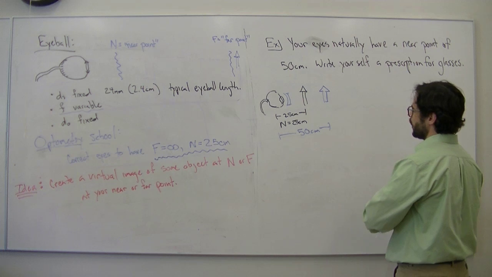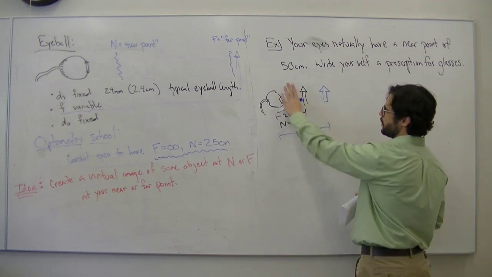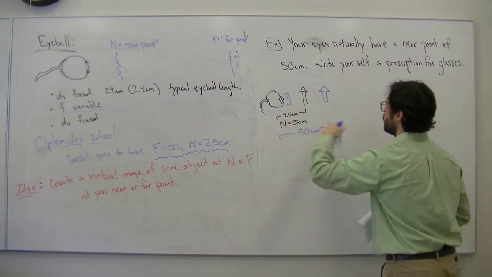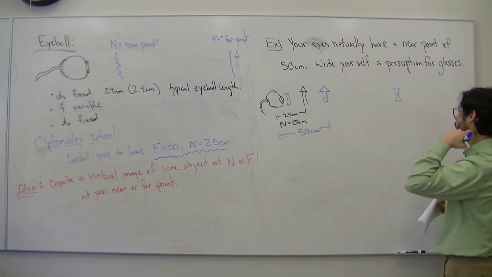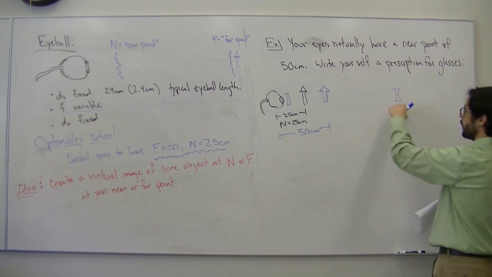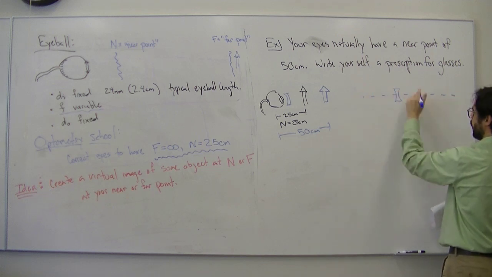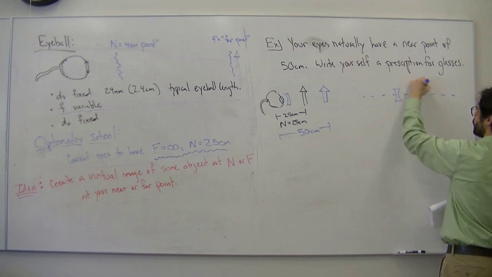Okay, so I've got this image, right? Without the lens, you can't see this. With the lens, I create a virtual image here. So let's not worry about the eye anymore. What I have is a diverging element. It's probably not going to look like that, but now we're in cartoon world. And I have an object that's actually located at 25 centimeters.